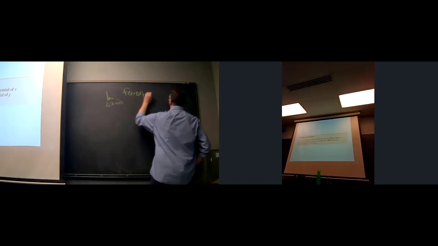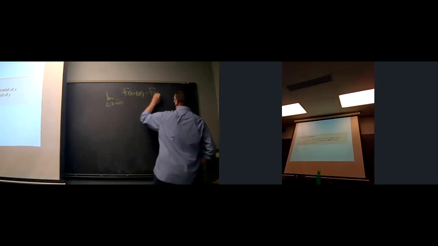When we have the derivative, we say that the limit as delta x goes to 0 of f of x plus delta x minus f of x divided by delta x is equal to dy dx, or just f prime, right?